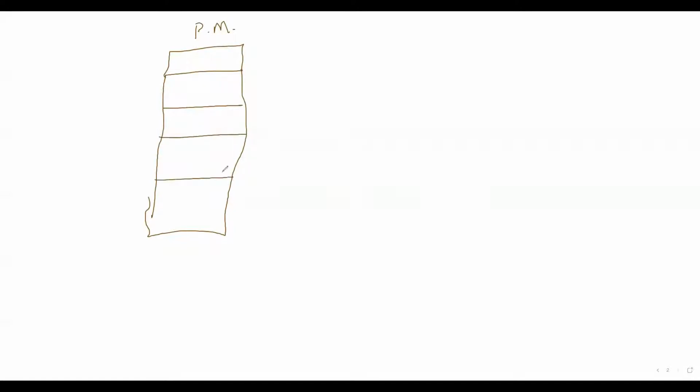Let's say this is my physical memory, divided into fixed size frames. So let's suppose this is frame 0, this is frame 1, this is frame 2, this is frame 3, and so on. Let's say we have two processes, process 1 and process 2. We can have multiple processes, but I am only giving the example of two processes here.